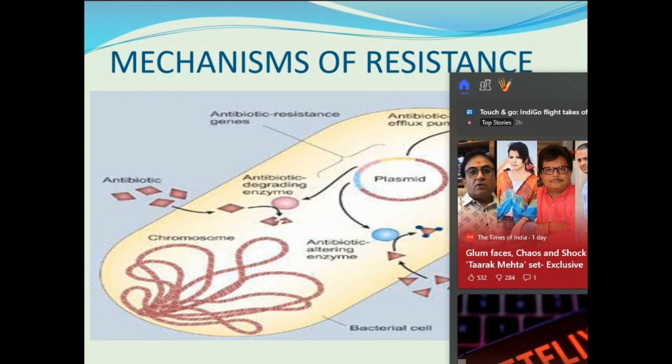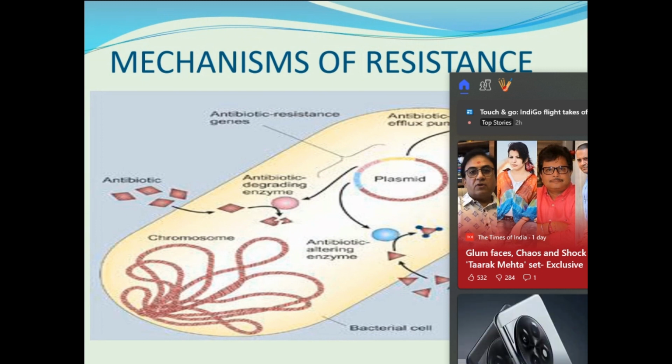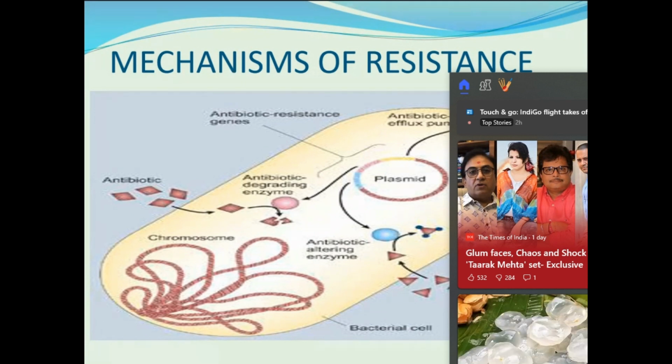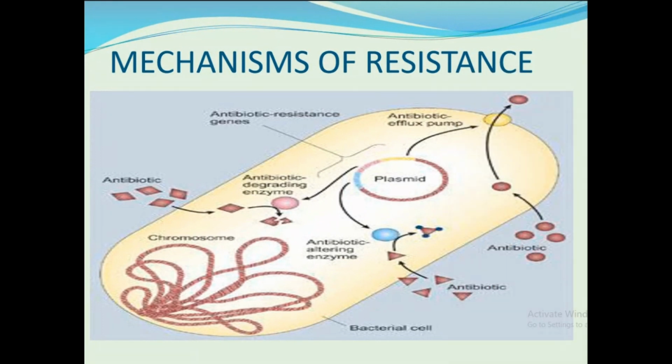If you can see, this is the bacteria, how the antibiotic goes in, where it is getting. If you see on the right hand side, the antibiotics are going in, they're getting degraded by an enzyme, and then efflux. Many mechanisms are associated, but at the end of the day, we are having resistant organisms due to multiple failures.